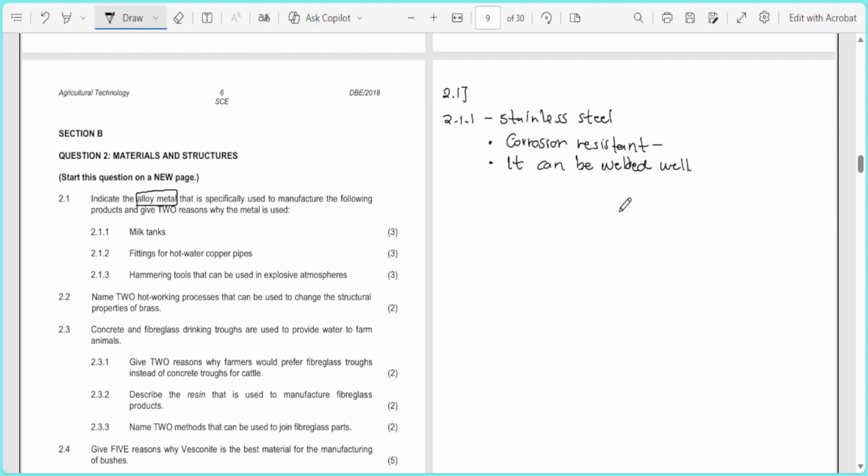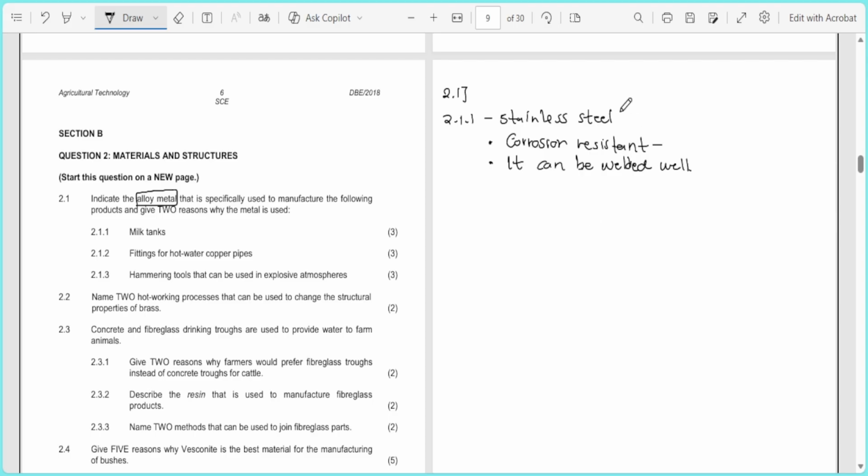So when stainless steel is welded, it makes sure that bacteria or contaminants coming from the outside environment don't have any holes or cracks to seep through in the welded parts of the stainless steel connections for the milk tanks, right?